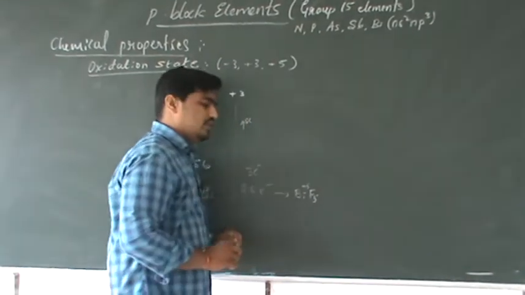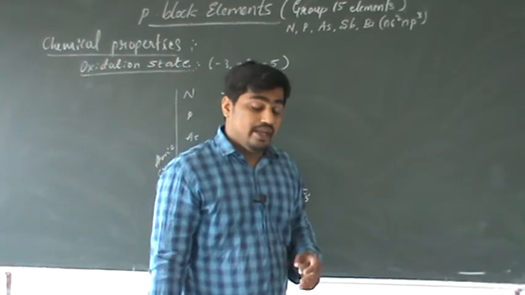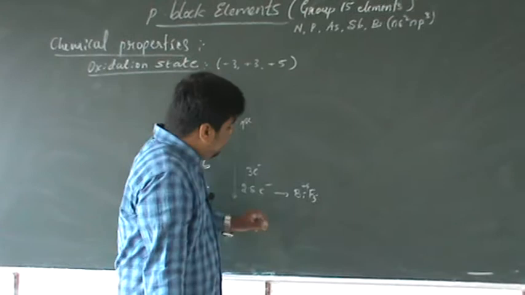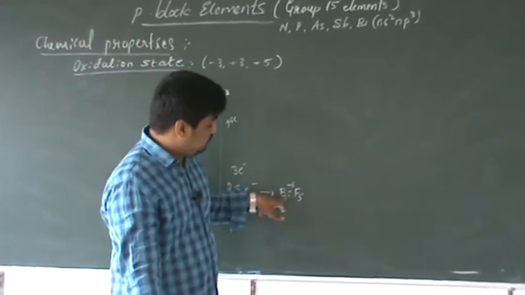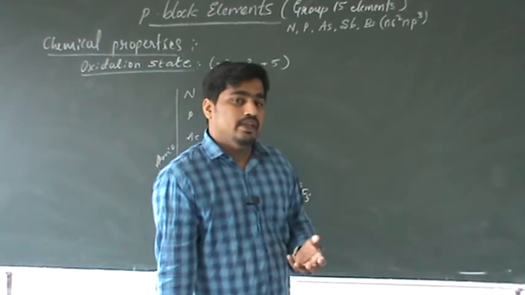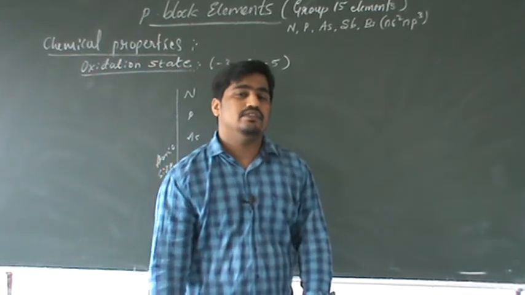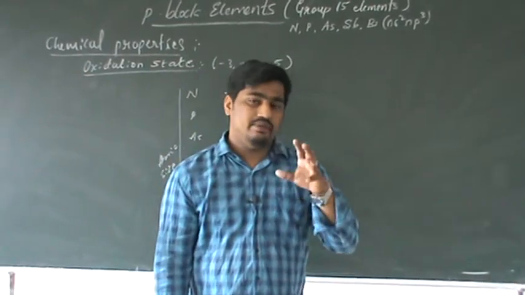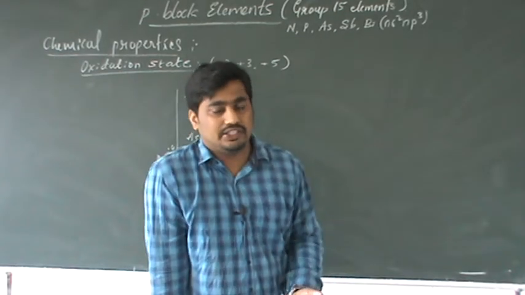This is very easy if you know the electronegativity and the nature of the incoming element. +3 is more stable, although bismuth shows +5 because the incoming element is fluorine. It is highly electronegative. The meaning of electronegativity is to attract strongly the shared pair of electrons.